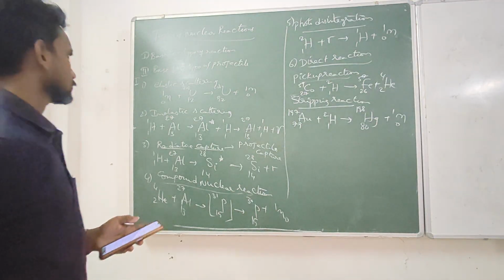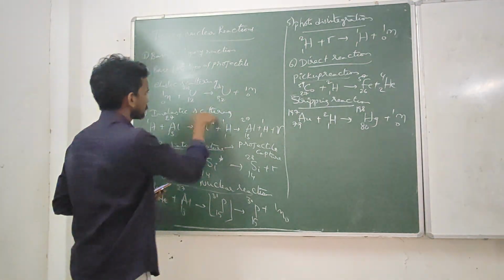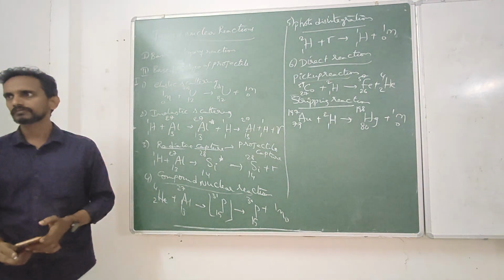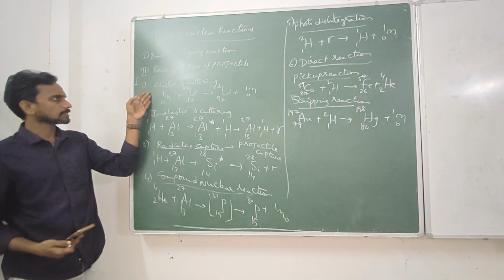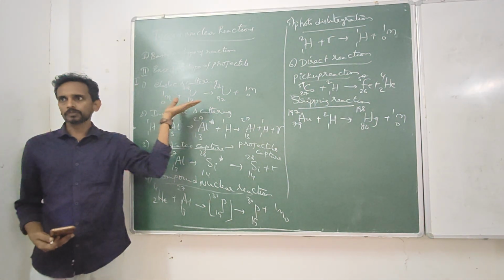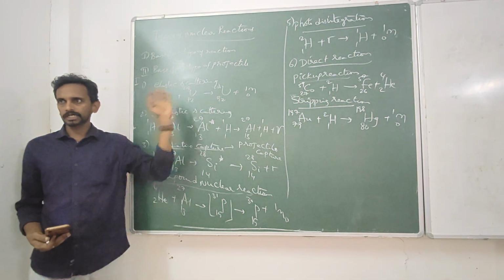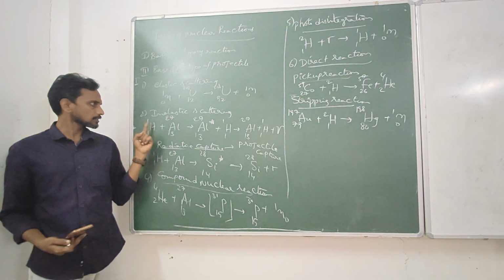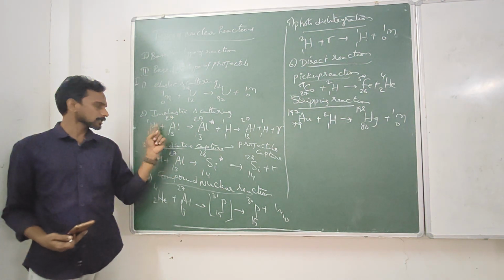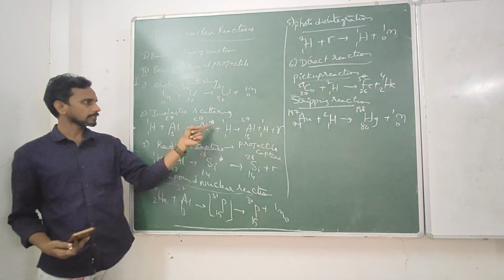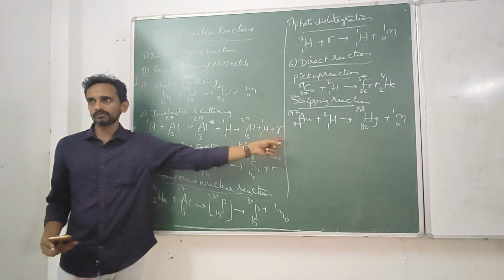So this is called direct reaction. What was happening in all the previous cases? Elastic scattering, both projectile and target keep their identity. Inelastic scattering, both keep their identity, but some of the energy is converted to gamma.